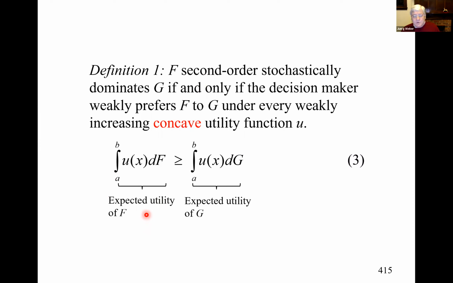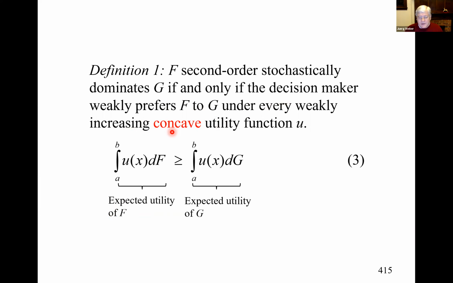If the expected utility of F is bigger than the expected utility of G, then F is preferred. So we prefer F to G under every increasing concave utility function. What's new here is just that the utility function is concave. We have risk aversion.